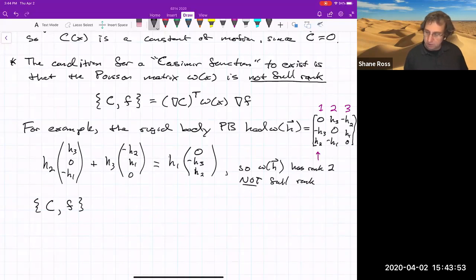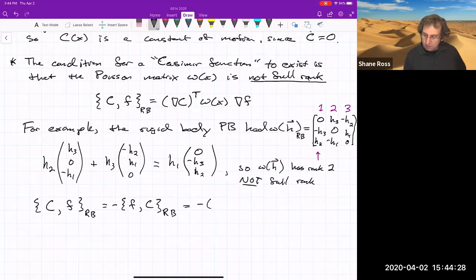So now we're still talking about the, maybe I'll put a little subscript RB here, so we know we're talking about the rigid body Poisson bracket with our rigid body Poisson matrix. Just by the property of Poisson brackets, if you reverse the order, Poisson bracket of f with psi, we get a minus sign.